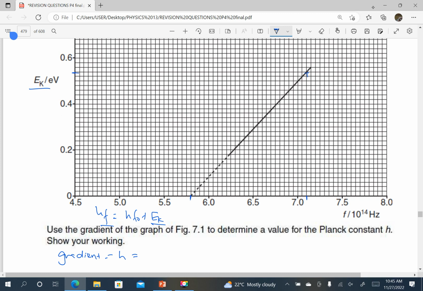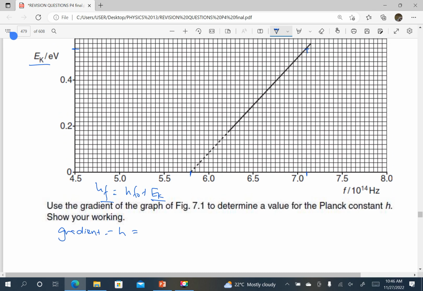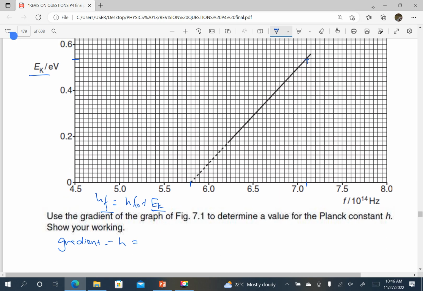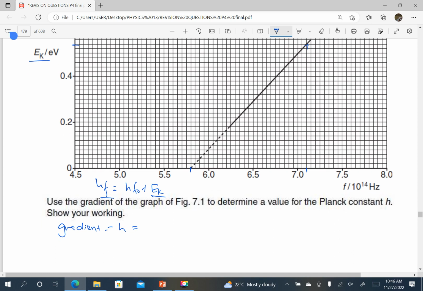I put my ruler on it to check. Yes. So the gradient is the change in y. The scale here is 0.02: 1, 2, 3, 4, 5, 6, 7. That is 0.14. So it is 0.54 minus 0 on the y-axis.